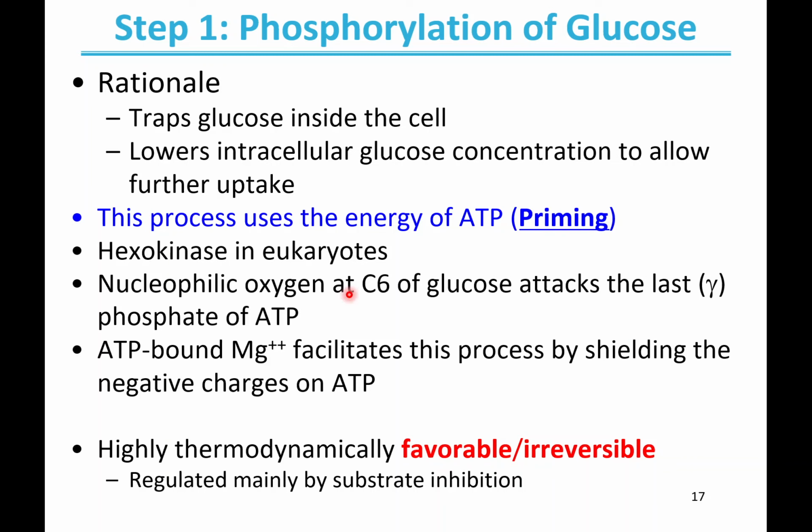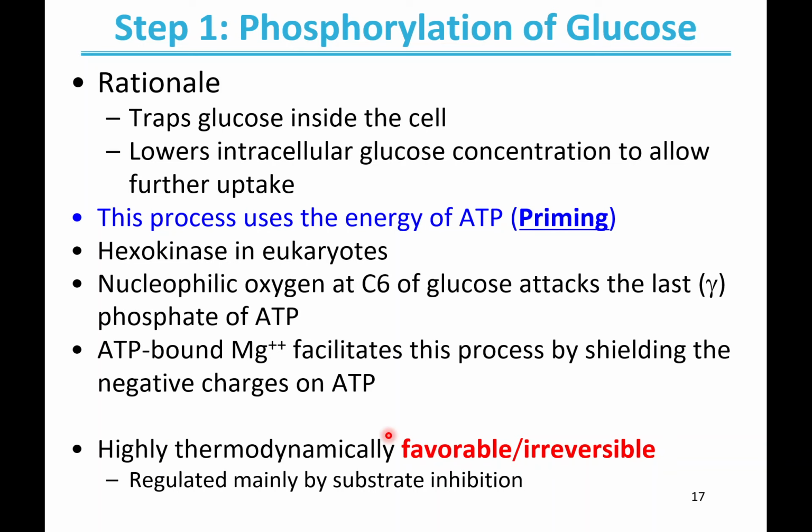The enzyme is called hexokinase, at least in eukaryotes. You have a nucleophilic oxygen at carbon 6 of glucose. It attacks the gamma phosphate of ATP. ATP has a magnesium ion bound that facilitates this process by shielding the negative charges on the ATP.